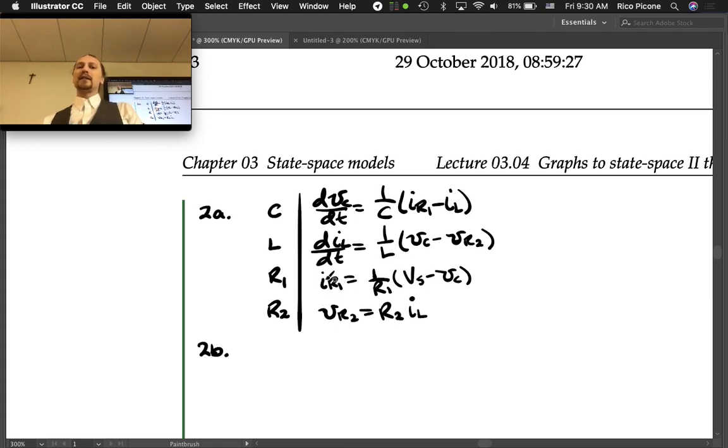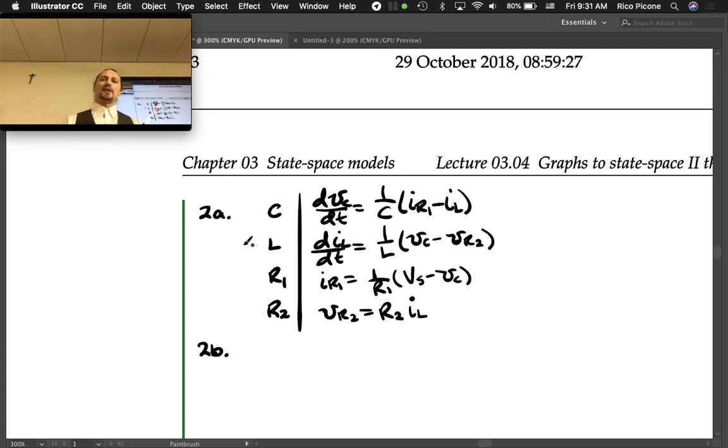Oftentimes these D-type elemental equations can be directly substituted into the elemental equations for the energy storage elements to eliminate those remaining 2 variables. It doesn't happen every time, but it does often happen.